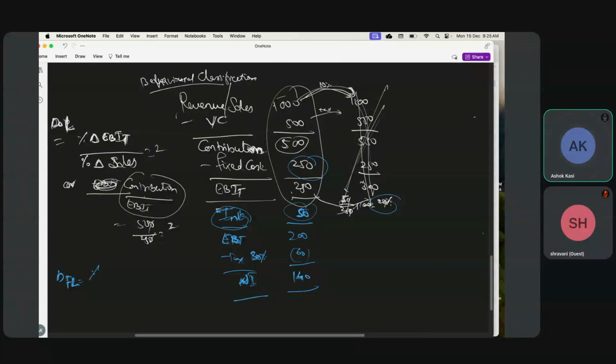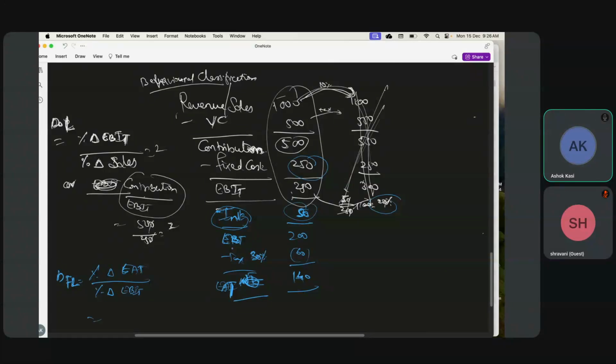So here the formula is percentage change in earning after tax, you can say net income also, based on percentage change in EBIT.